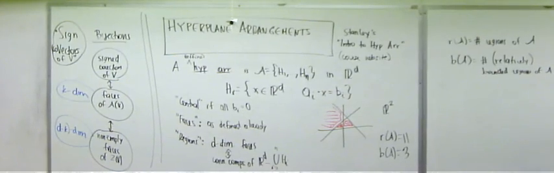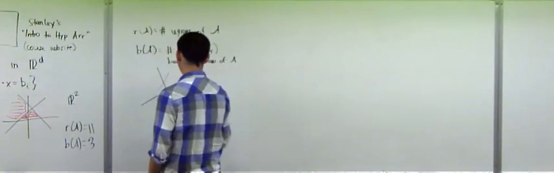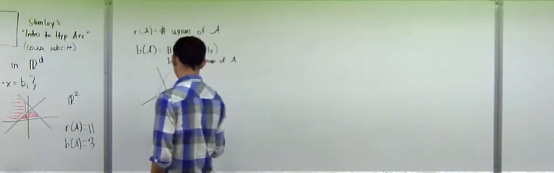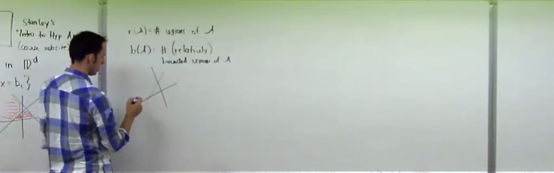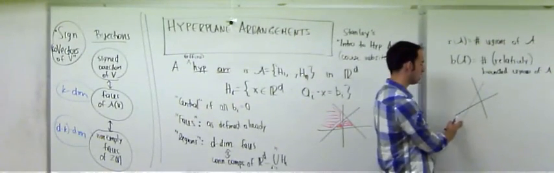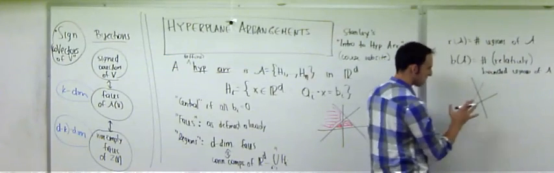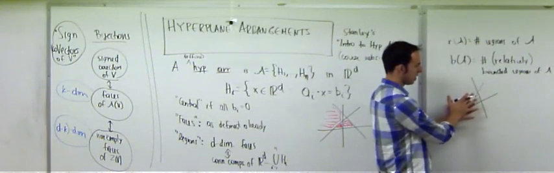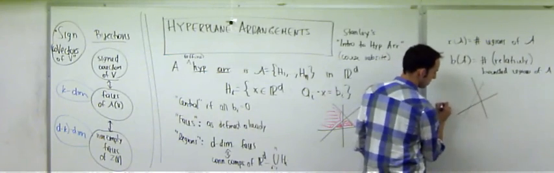Now, let me explain a little bit loosely what this relatively is about. If you look at this arrangement, it has one bounded region. That's indisputable. But now, what I want to consider is this arrangement where you take this and expand it a dimension. So it's going to look kind of like this.